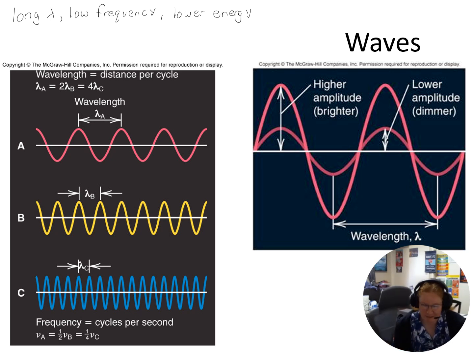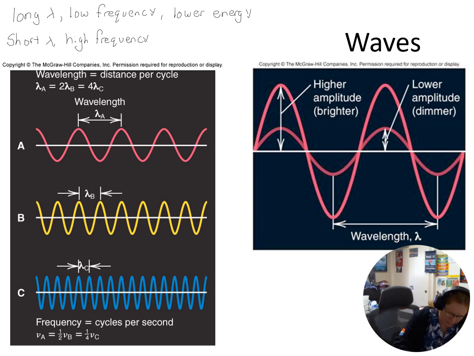Let's see, frequency is cycles per second. And then my short wavelength is a high frequency and higher energy.